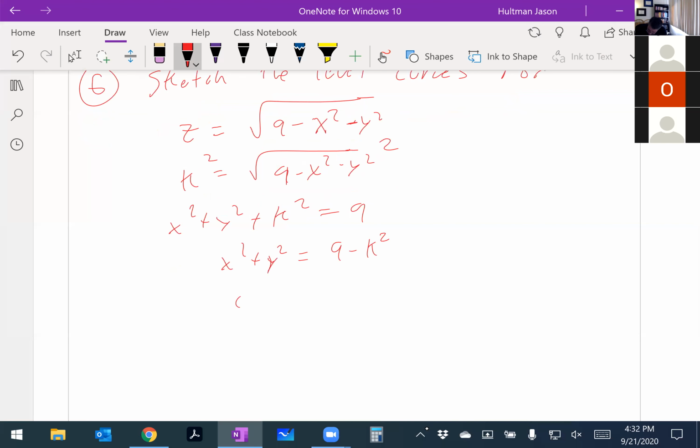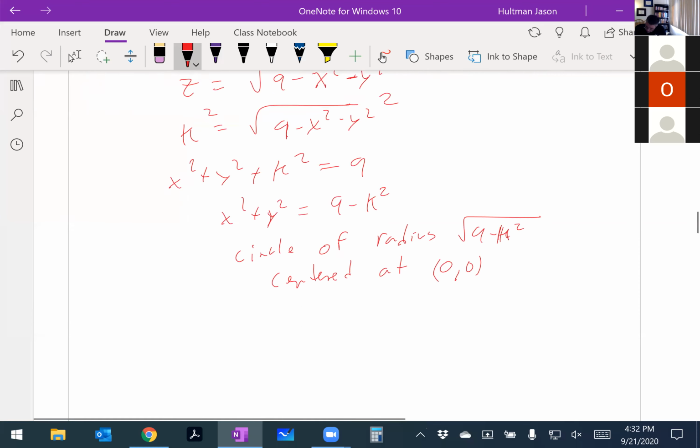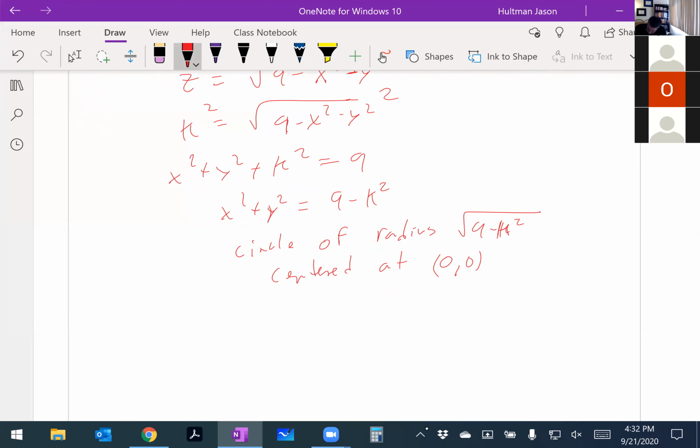So this is a circle of radius square root of 9 minus k squared, centered at 0, 0. So let's see what happens when we let k equal 0.